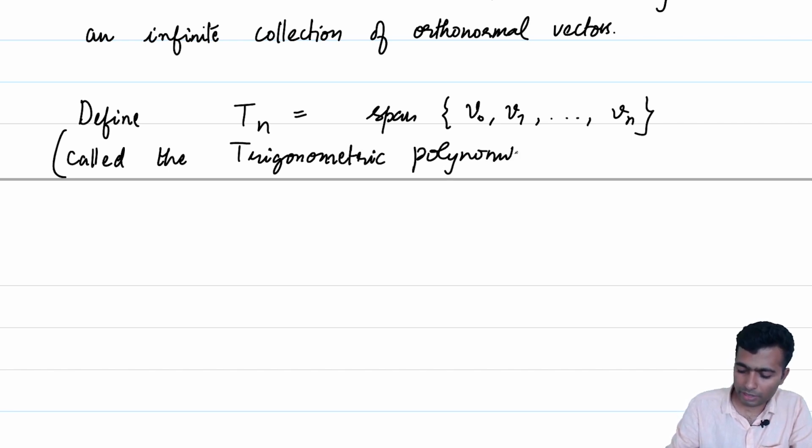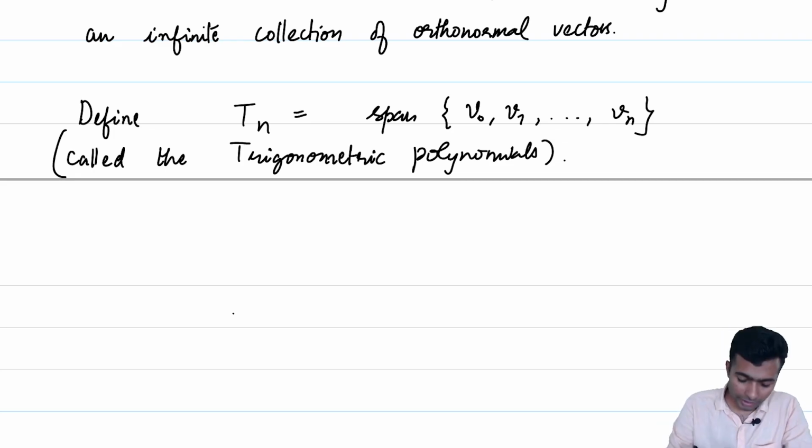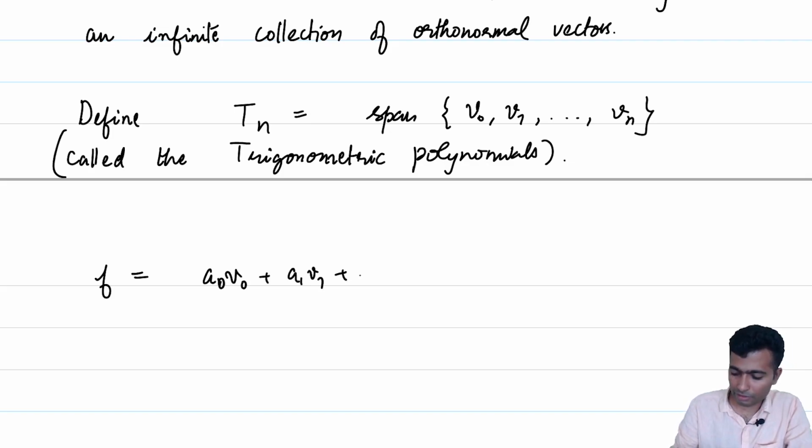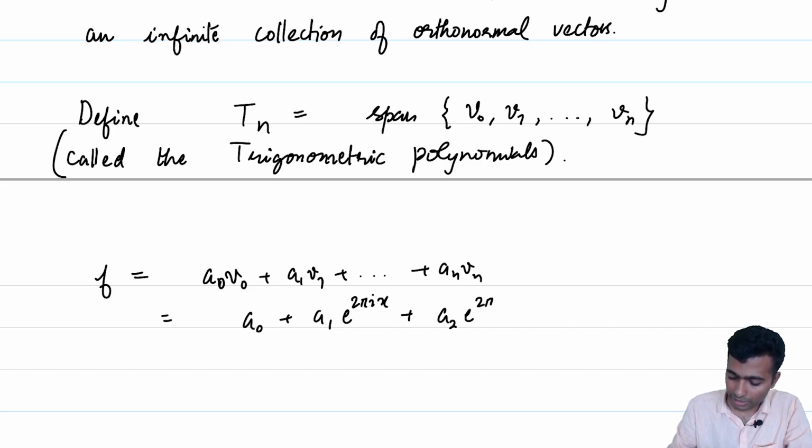So what will be a typical element here? Any element f will be of the type a0 v0 plus a1 v1 plus up to an vn. And if you write it down, this is just a0 plus a1 times e to the power 2 pi i x plus a2 times e to the power 2 pi i into 2x, and up to an e to the power 2 pi i nx.